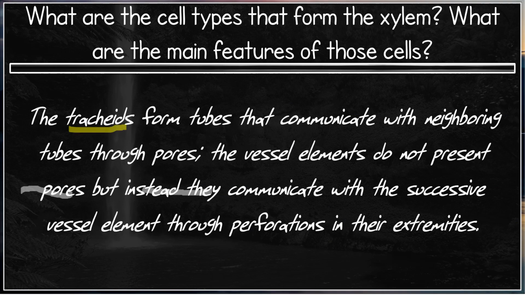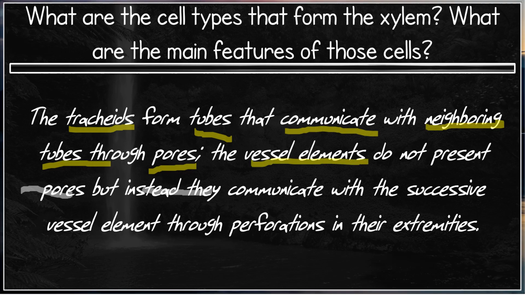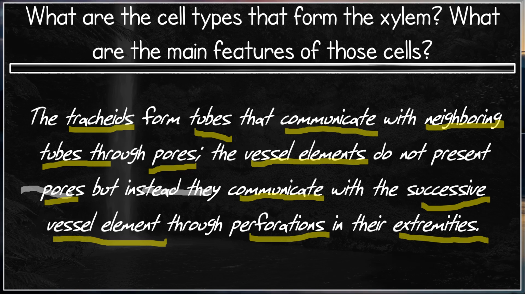The tracheids form tubes that communicate with the neighboring tubes with pores. Vessel elements do not present pores, but instead communicate with the successive vessel elements through perforations in their extremities.